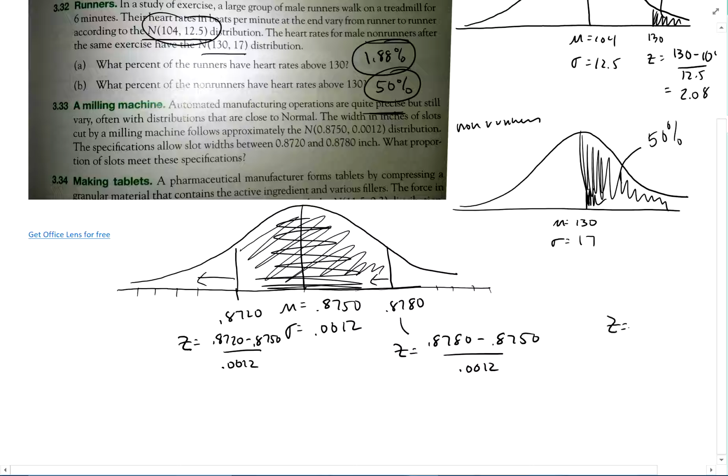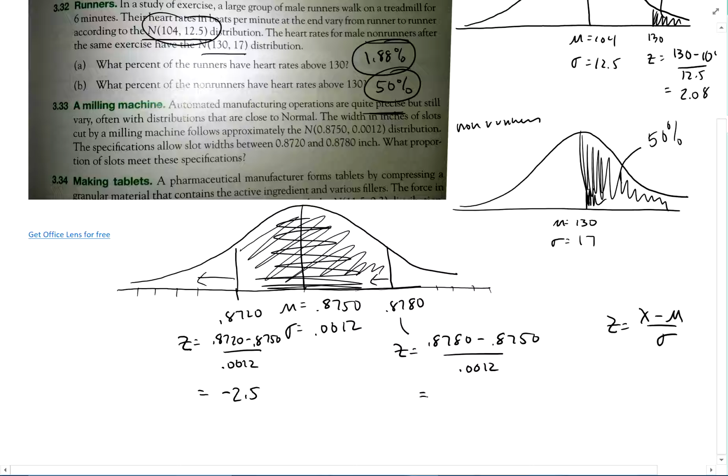Remember your z-score formula, x minus mu over sigma. I'm doing this one over here first: 0.8720 minus 0.8750 divided by 0.0012 is negative 2.5. That's pretty far away.